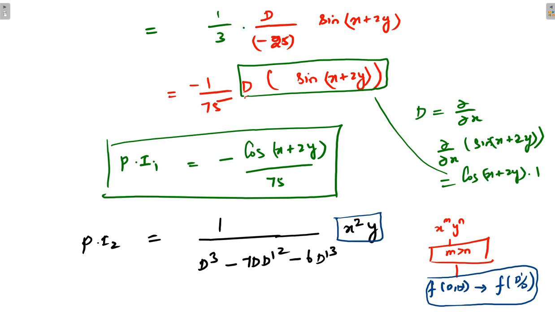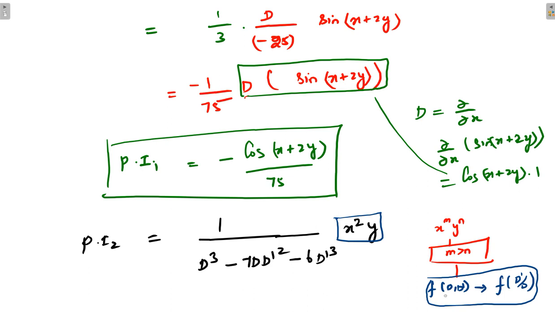So here the degree of x is higher, which means you can rewrite f of D comma D dash as f of D dash by D. That means you have to take the highest degree of D as common in this denominator. So this is the meaning.